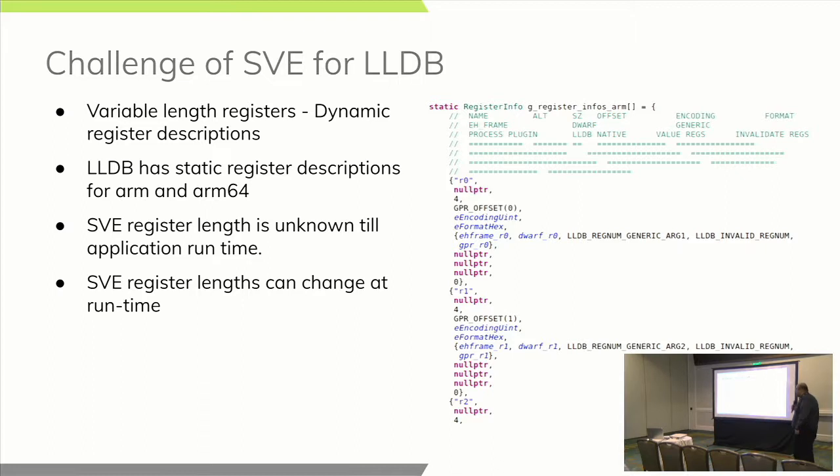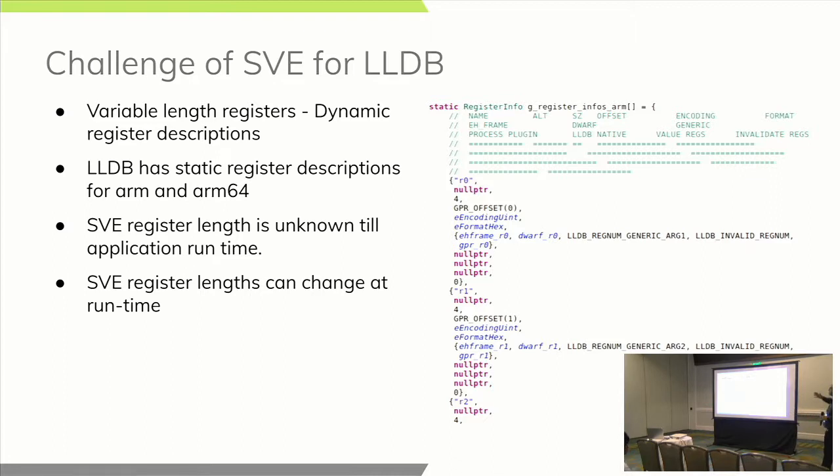So what happens is that we need to describe these registers so that they can change their sizes between 128 bits and 2048 bits, and then we can also choose between the descriptions. Either these are AArch64 descriptions which have V registers, or these are SVE descriptions which have Z and P registers.